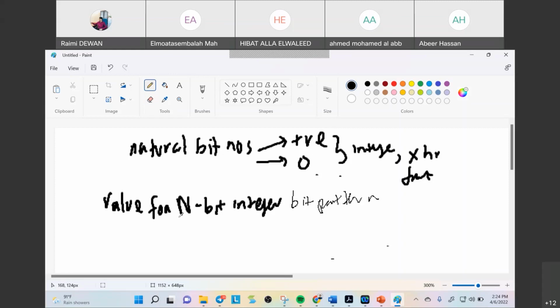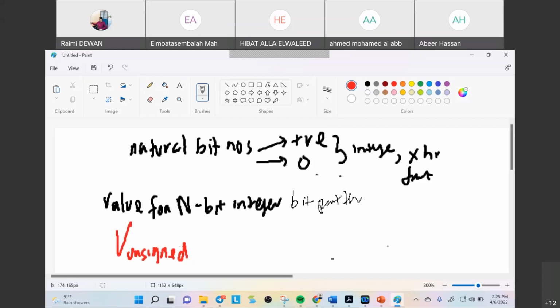So the formula is V unsigned. Is it clear? Sorry for my bad handwriting. V unsigned means there is no negative value, only positive, and the smallest one will be 0.